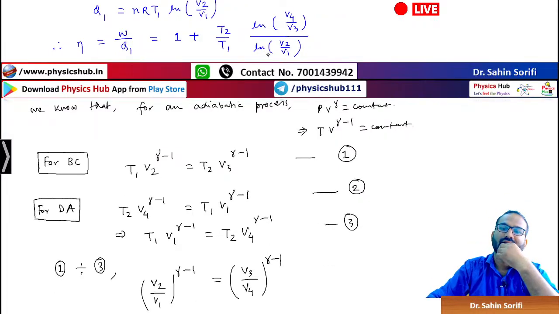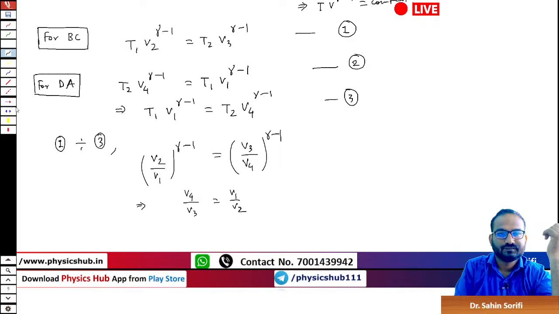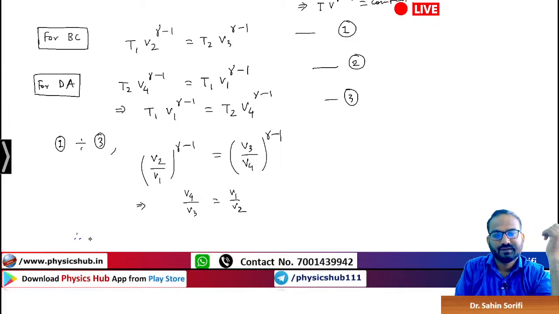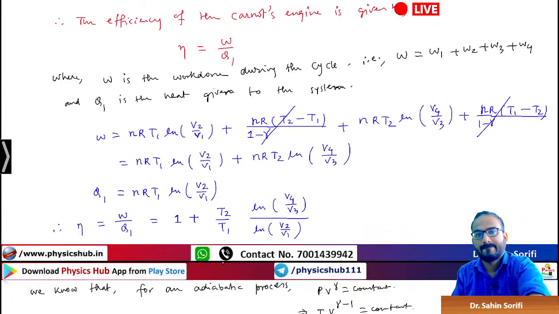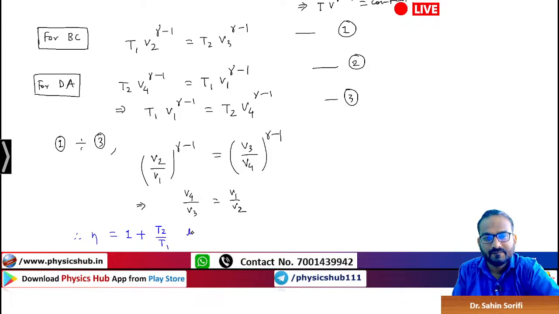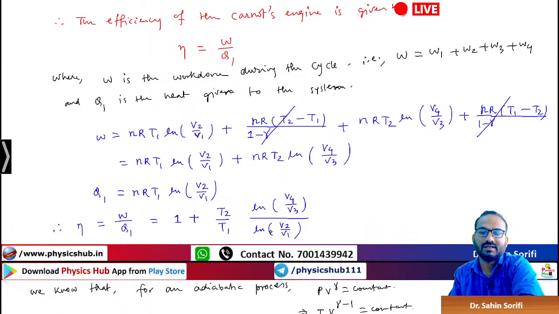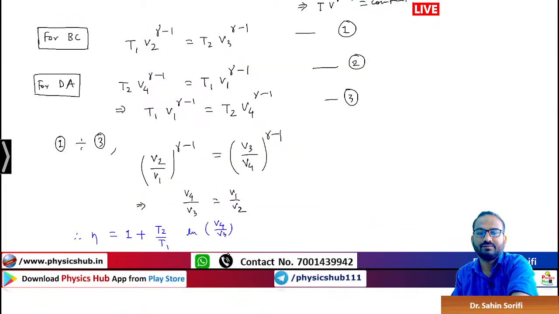And here you can see ln, therefore we can say eta is equal to 1 plus T2 by T1 ln V4 by V3, and here you can see it is ln V2 by V1, but V4 by V3 is equal to V1 by V2.